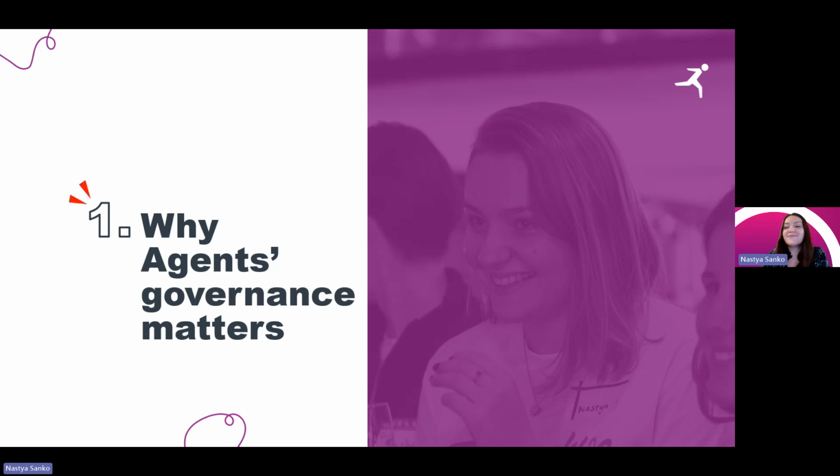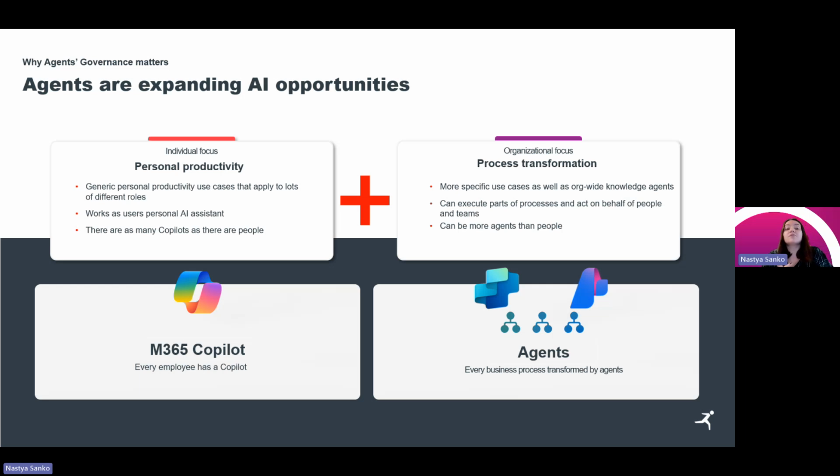Thanks, Microsoft, for keep renaming all the components in the Power Platform suite. But just as a recap, for the last couple of years, M365 Copilot has been a really hot topic. We've talked a lot about how it acts as a personal AI assistant, how it can boost personal productivity and help us to achieve more with less.